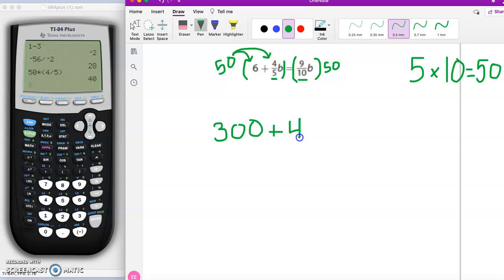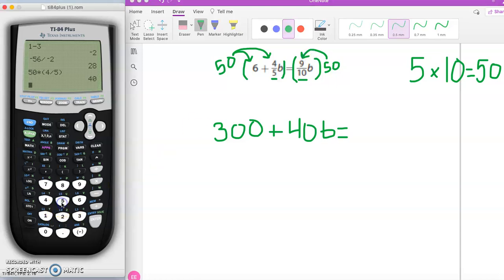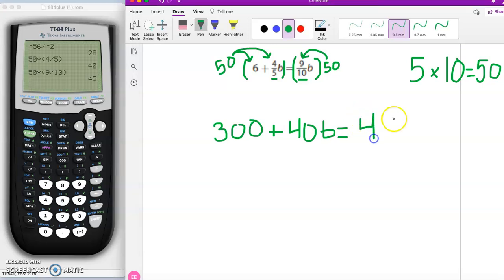So I'll just carry my variable over, 40b. Equals, all right, 50 times 9 over 10. All I'm doing is multiplying. 50 times 9 over 10, 9 divided by 10, and that's just 45. So 45b.